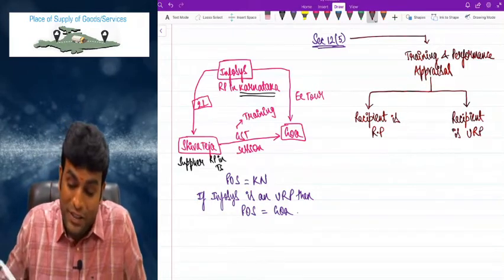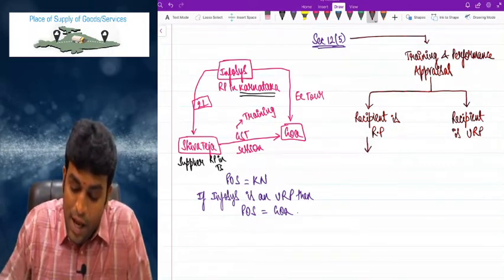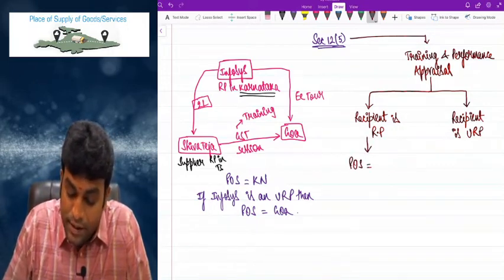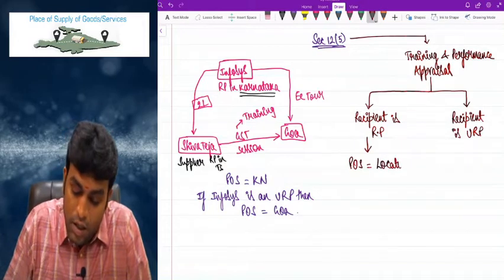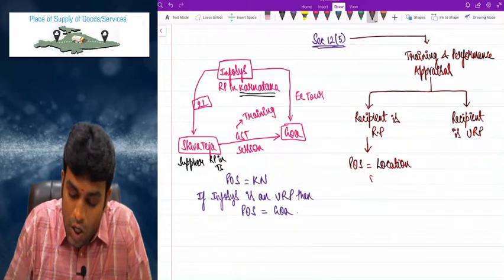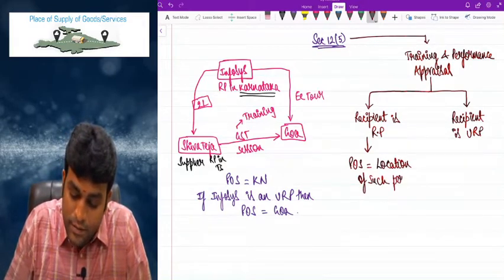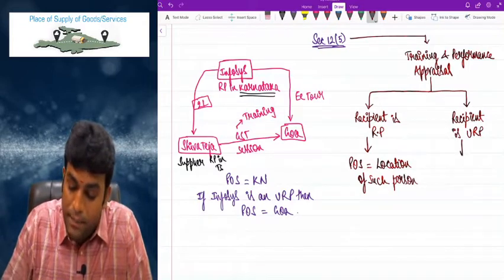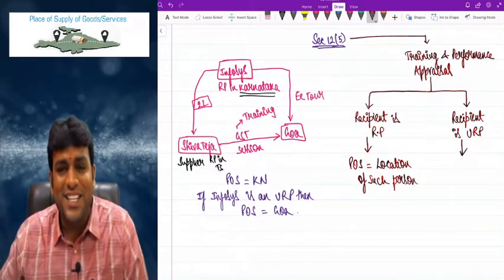So for training and performance appraisal, friends, if the receiver is a registered person, place of supply will be the location of such person. Location of such person basically means wherever he is registered.